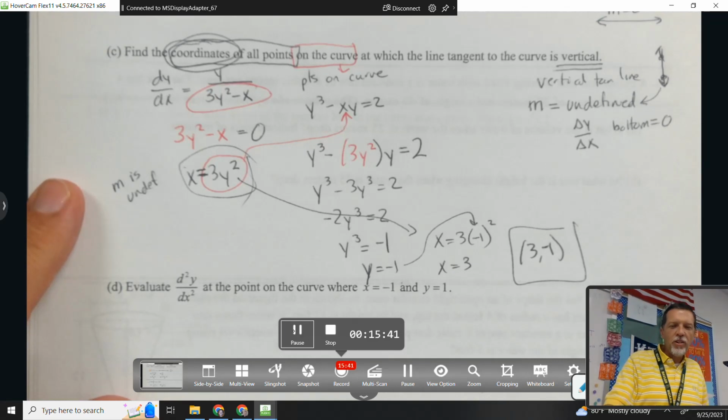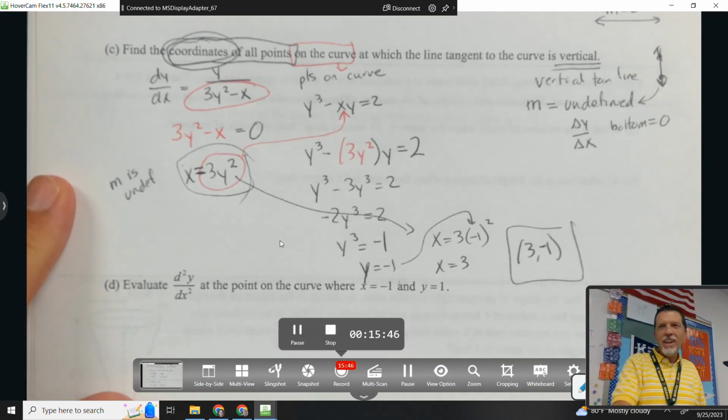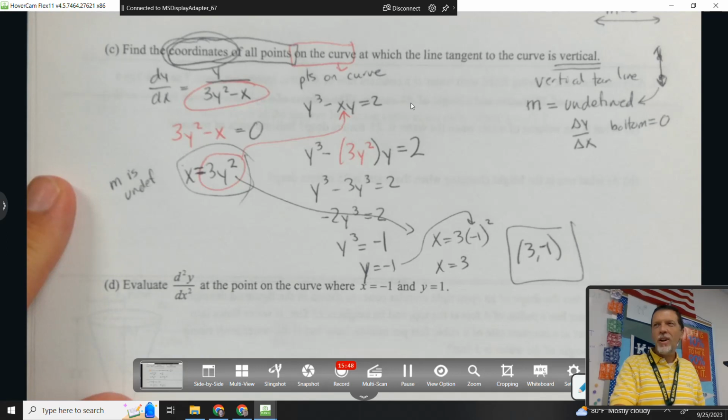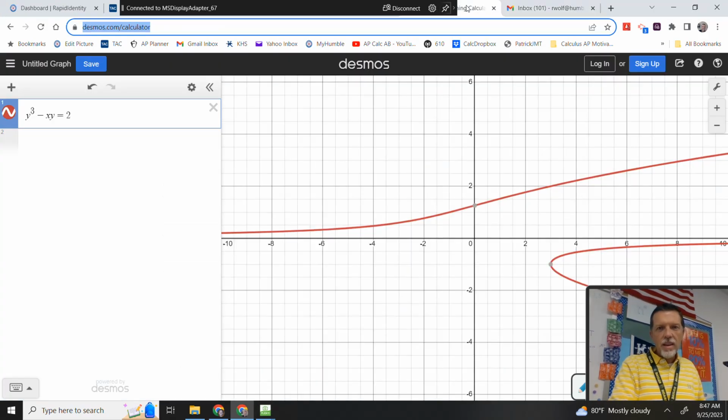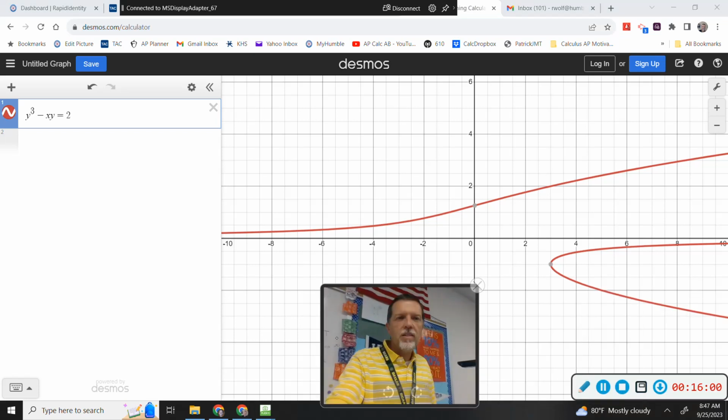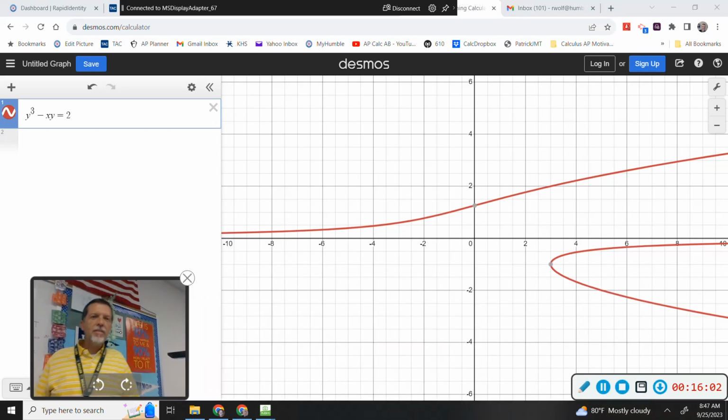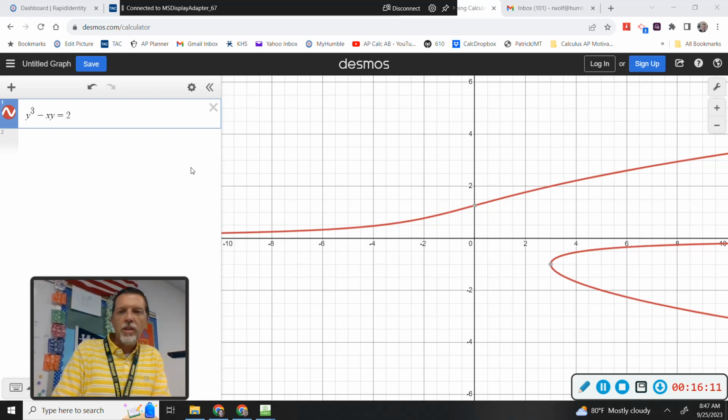Now, I'm going to show you something that you won't have access to on the test, but I didn't have the key handy, and I wanted to make sure I got this right, because that's a lot of work, a lot of steps. And so, again, you won't be able to do this on the test, but there is the graph. Desmos.com, it can graph all kinds of crazy things. There's the graph of y cubed minus xy equals 2. That was our original curve.